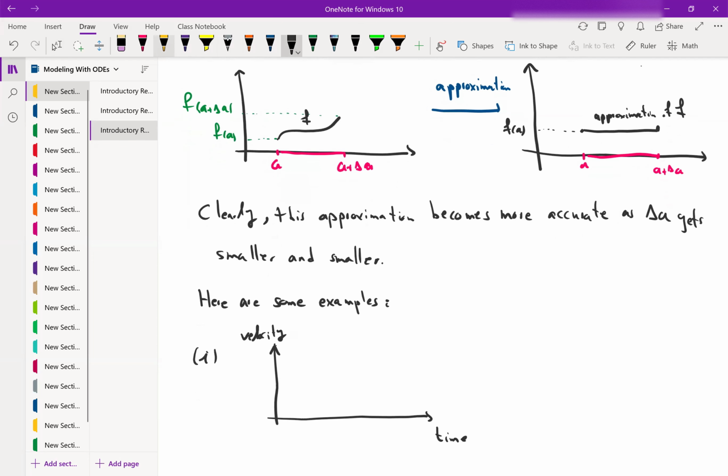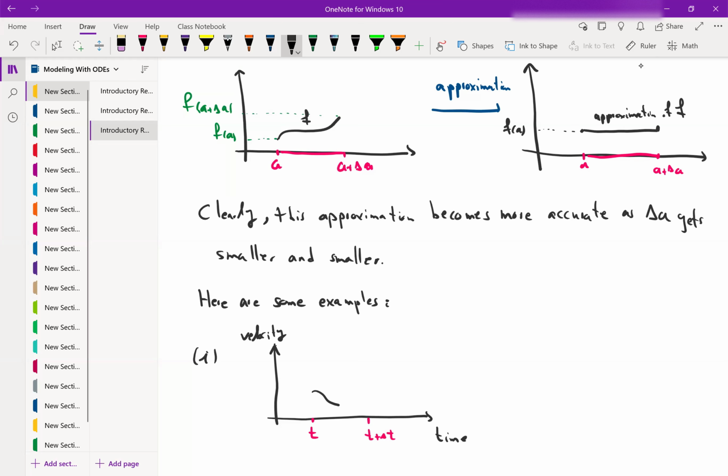And then you have t, and then t plus delta t. And you have a profile for the velocity. This profile is given to you. Let's say that the profile of the velocity looks like this.